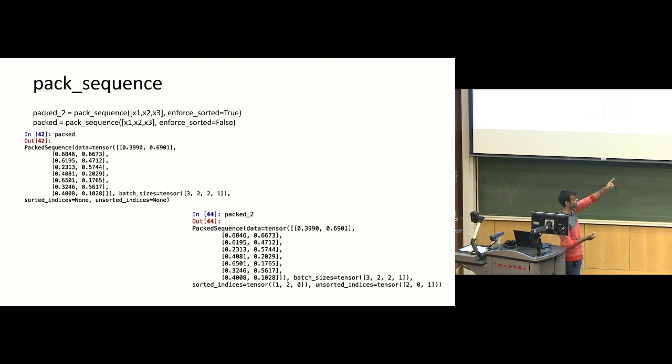I would usually recommend that you keep your sorting as false, but if you're keeping it as true, then you should be aware that you are sorting your inputs. A lot of the bugs are generated because people don't have any idea whether the network is sorting or not, right? So you should keep track of this.